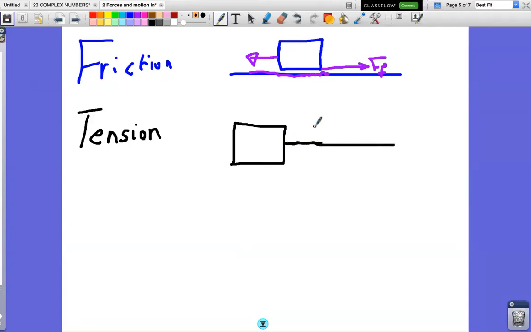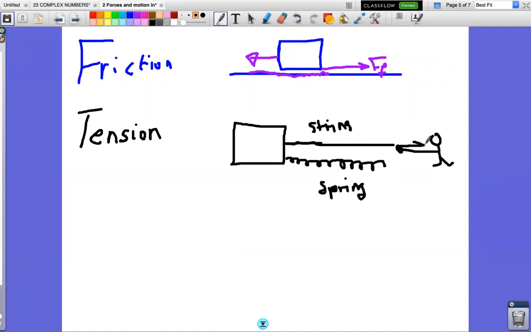If this is a string, or a spring, and you pull, let's say you are here and you pull this string or you pull the spring, then inside this spring or inside the string, there will be a force.